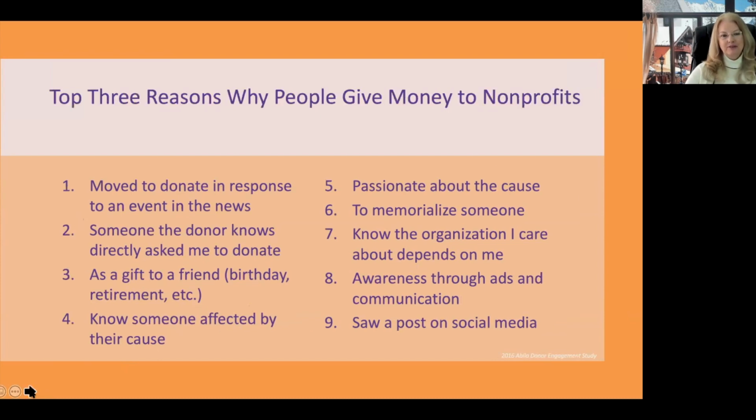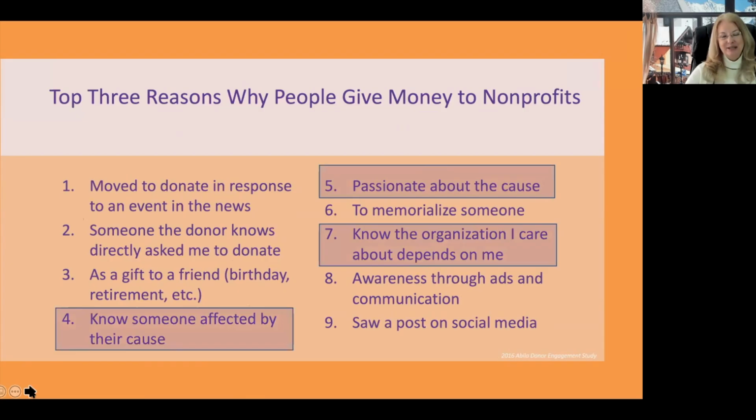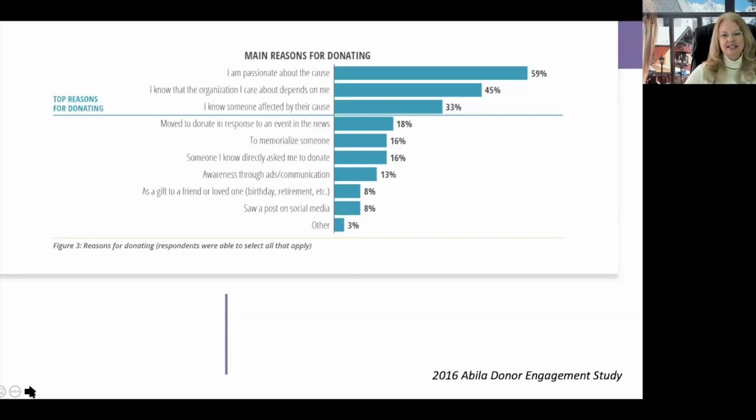Well, the number one reason that people give is that they're passionate about the cause. The number two reason is they know the organization I care about depends on me. And number three is they know someone who is affected by the cause. So this next chart, this is an ABILA donor engagement study that was done a few years ago, but I still think it's pretty accurate.